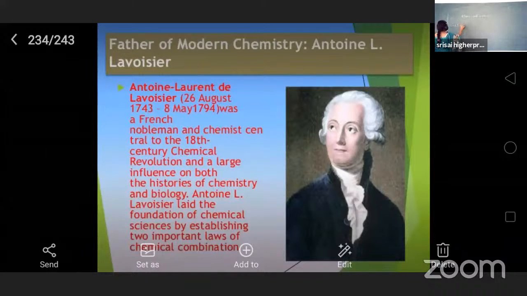The smallest part of a chemical. What is an atom? Tell me. You have learned in 8th standard, students, about atoms.